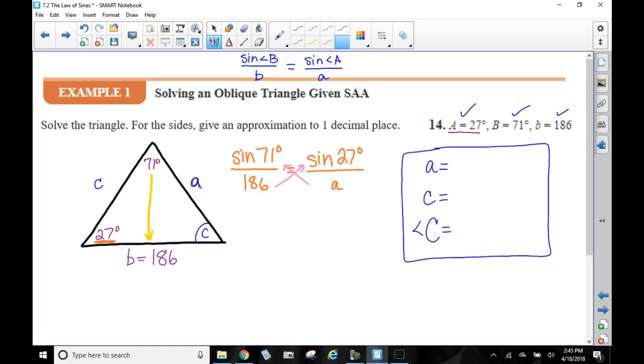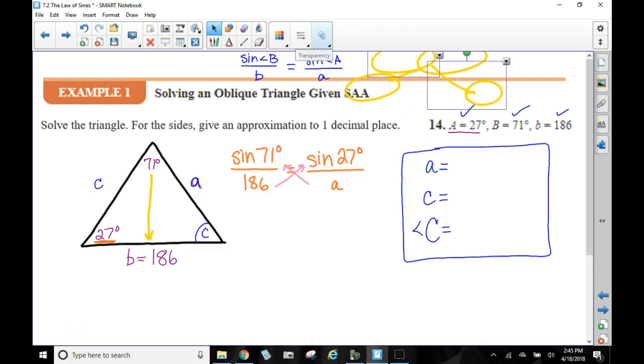The reason you can cross multiply is that in any proportion, the product of the extreme terms is equal to the product of the means. That's a little theorem when you're dealing with proportions.